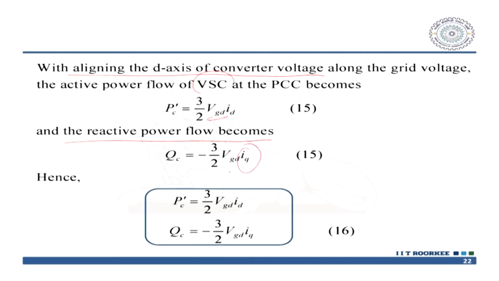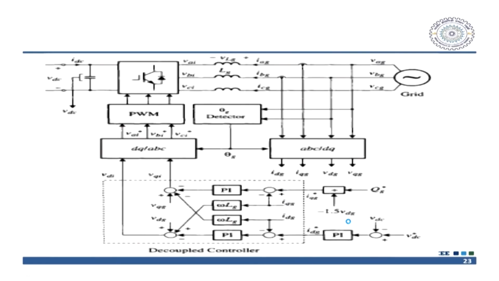This will be the cross term: voltage will be d axis and current will be q axis. So, power of the converter will be 2/3 Vgd into Id and Qc equal to 2/3 Vgd into Iq. So, this will be the concept.